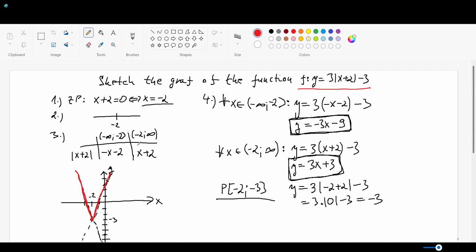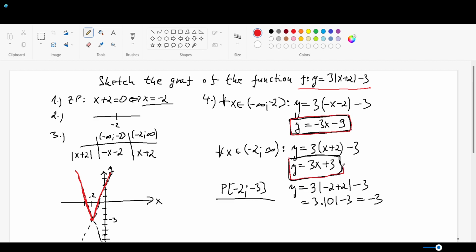So you solve it for x being less than -2 here, and the same procedure here for x being more than -2. Then you find how the absolute value is defined for x's from this interval and then this interval.